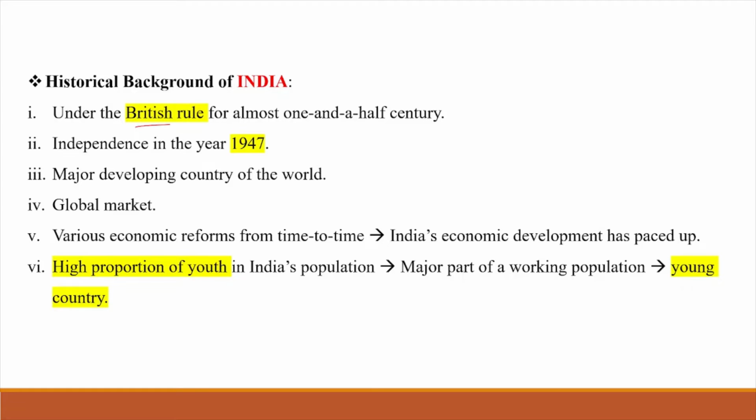Most of our resources were exploited by them. So the first thing that India had to make sure was to make and maintain laws, and the other one was to regain economy or to have a stable economy.